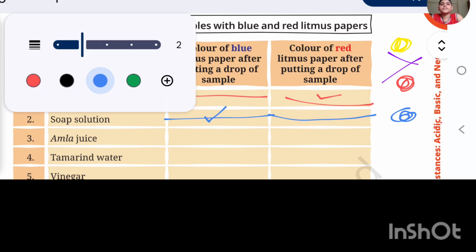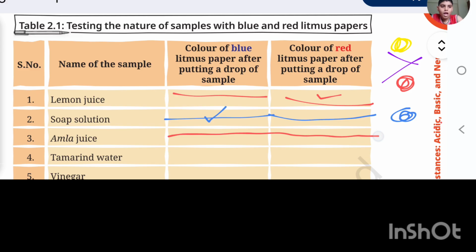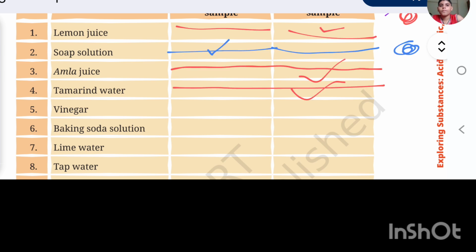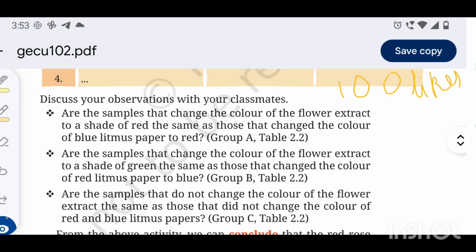Amla juice. Acidic. Okay. Tamarind water. Okay. Vinegar. Vinegar will be red.